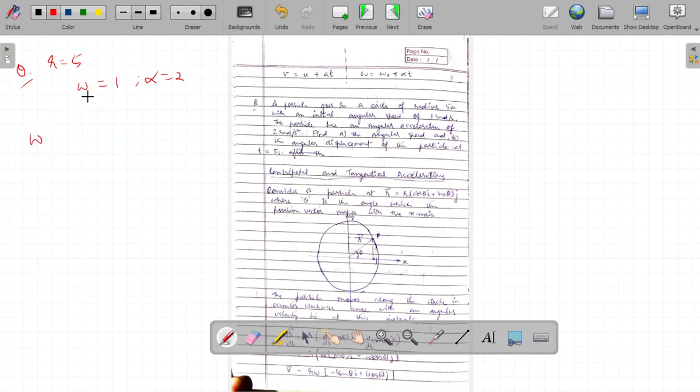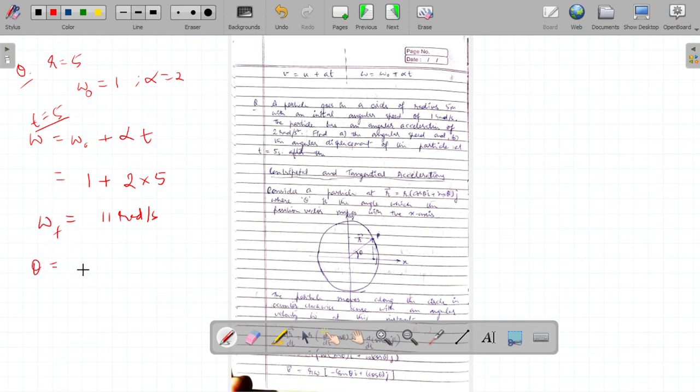So what would be the angular speed of the particle when 5 seconds have gone by? It's the equation initial angular velocity plus angular acceleration into time that gives us the final angular velocity. Initial angular velocity is 1, angular acceleration is 2, and time taken by the particle is 5 seconds. So this should give us 11 radians per second. This is the final angular velocity of the particle.